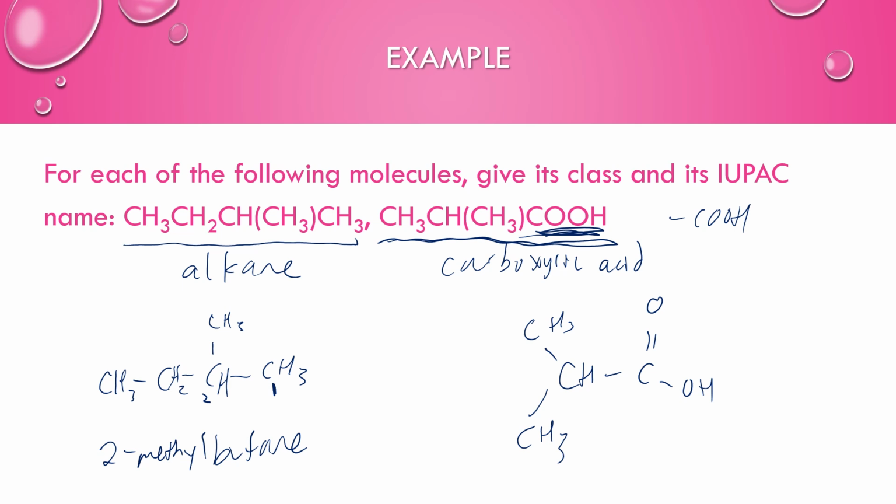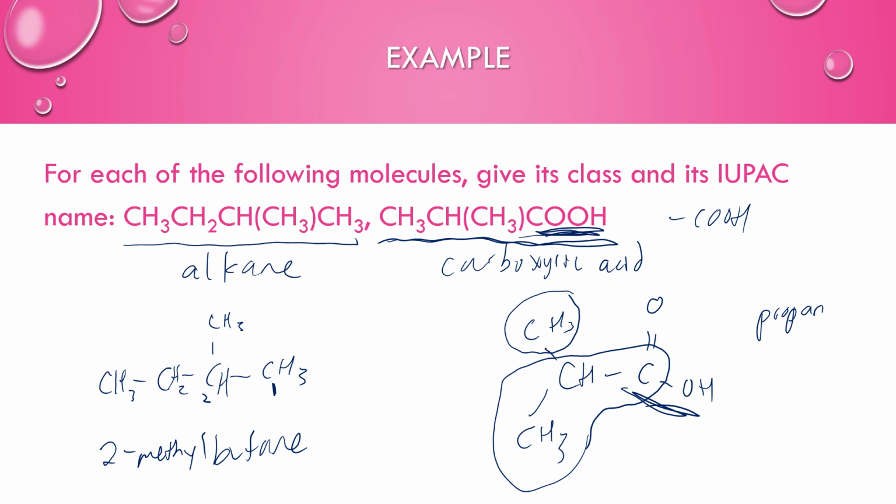But it becomes much easier to name if you consider this as our main chain and this as a substituent. So if our main chain is 3 carbons, that would be propane. But the end is our carboxylic acid, oic acid. And the methyl group, if I start at my carboxylic acid, that's carbon 1, and carbon 2 is where the methyl group is coming off. So this is 2-methyl propanoic acid.